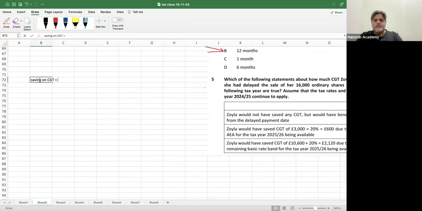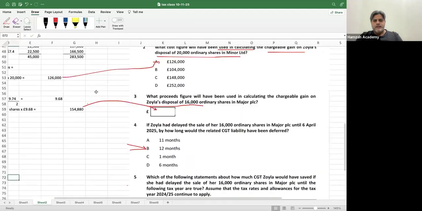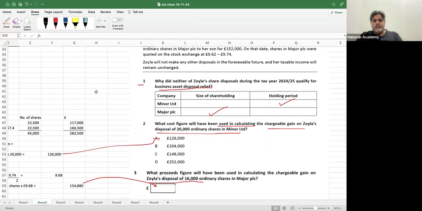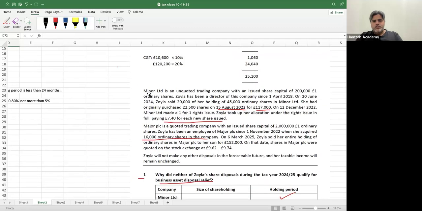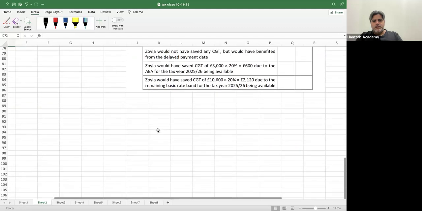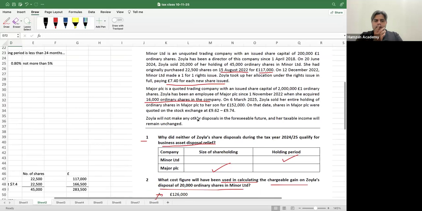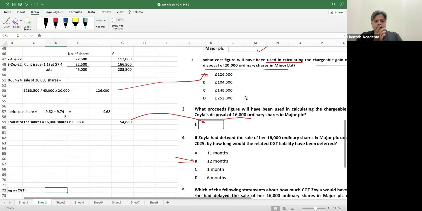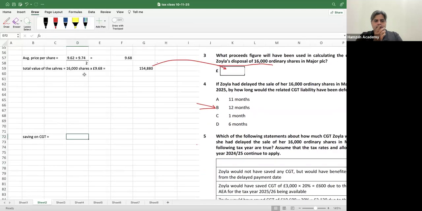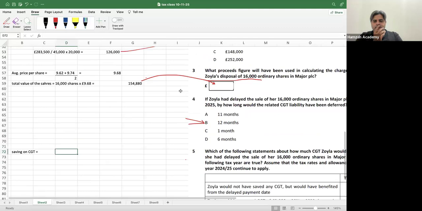this would have been, currently, if we see, Zoila has sold the shares in the minor, then she has sold the shares in the major one. It's asking about the major, therefore, we had 16,000 into 9.68 over here.